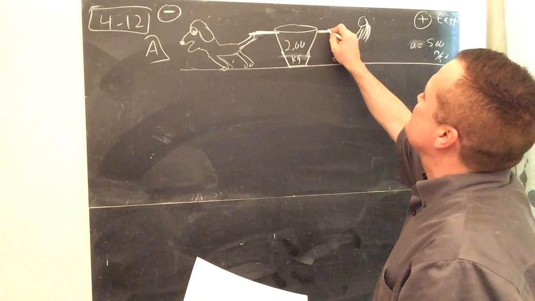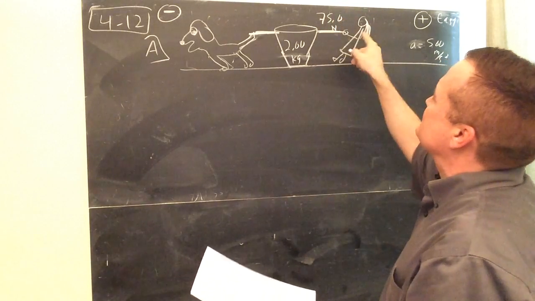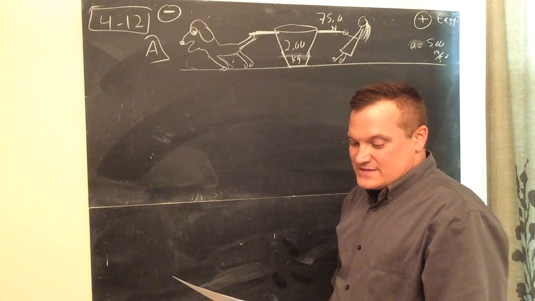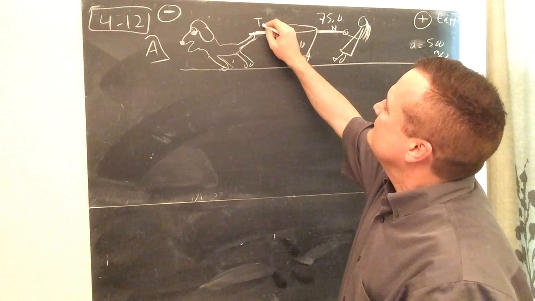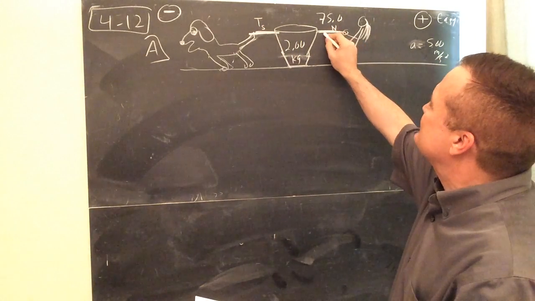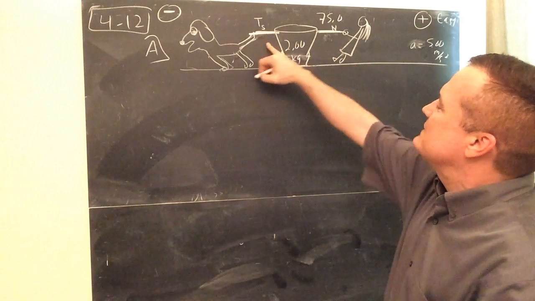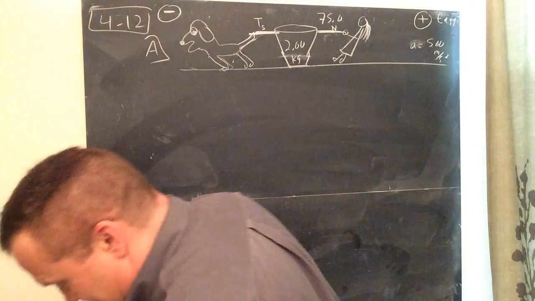So inside this rope, there's a 75 newton tension. That's what she's pulling. The question is, what is the tension in Spot's rope? I'll call that tension TS for Spot. So the tension in Lily's rope, TL, is 75 newtons, and the tension in Spot's rope is TS. We want to figure out what the tension in that rope is going to be.